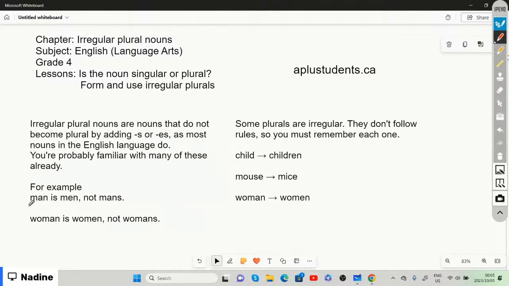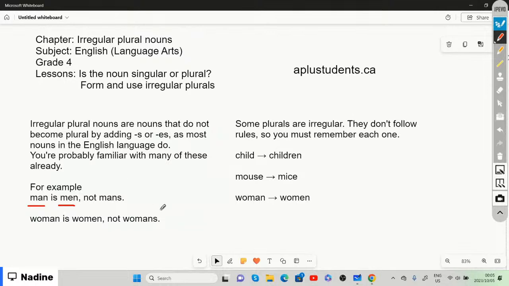For example, one man, but if we refer to more than one man, then we say men. The man walked to the store. But if we want to mention two or more, then we say the men walked to the store, or two men walked to the store, or three men are reading a book, or four men are playing football.